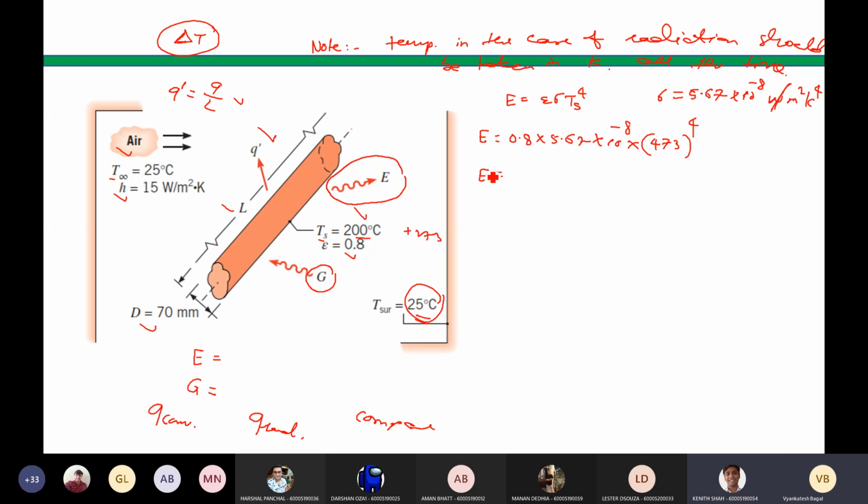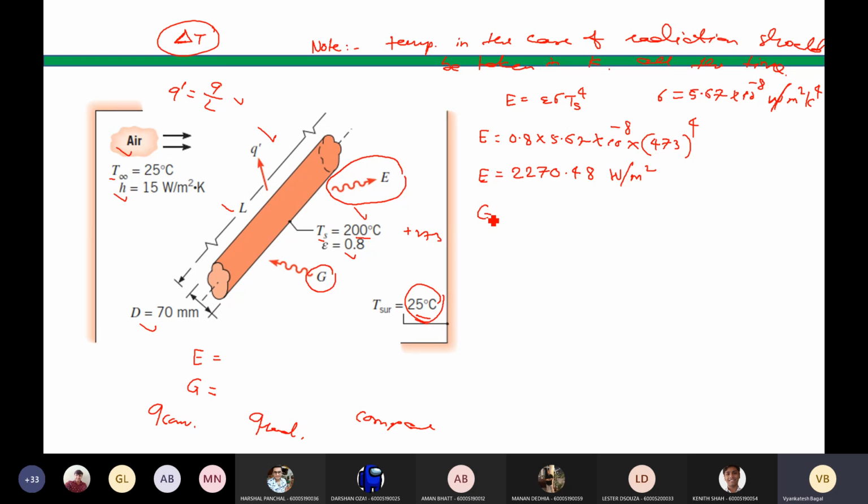So 2270.48. Just a minute. 2270.48. So what is the unit of emissive power? I talked about this last lecture. So the emissive power is 2270.48 watt per meter square.